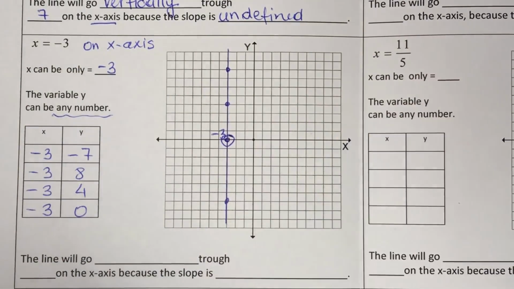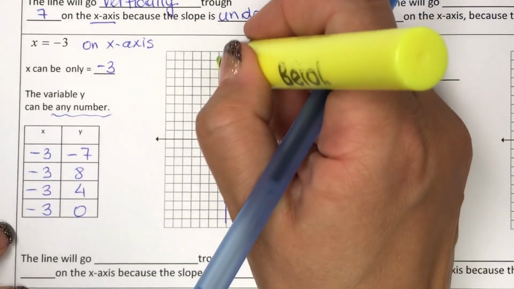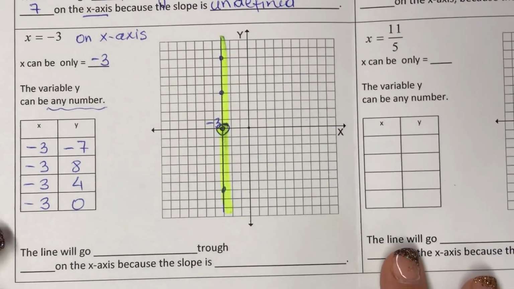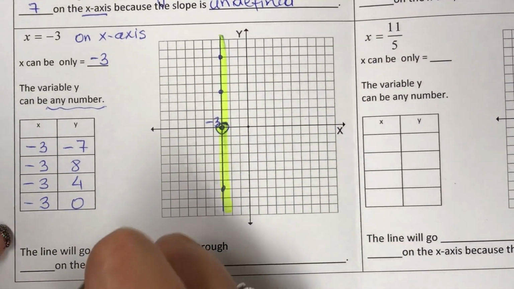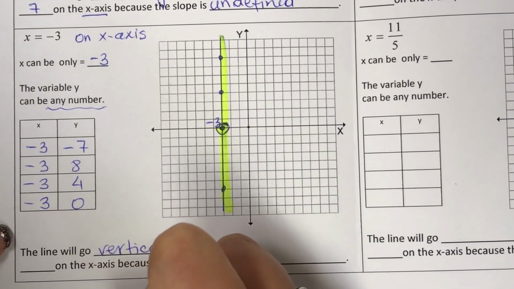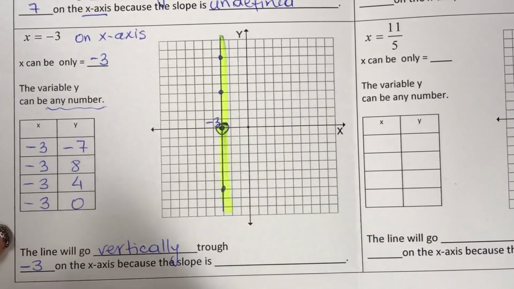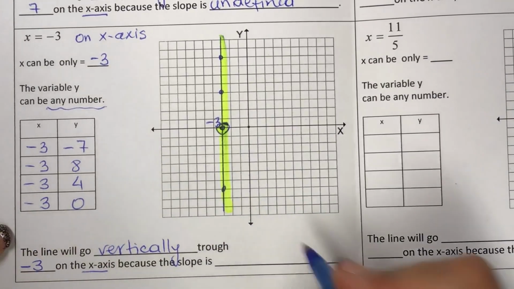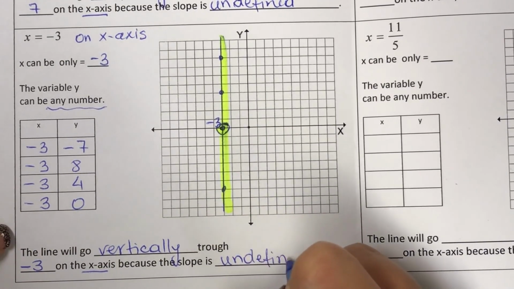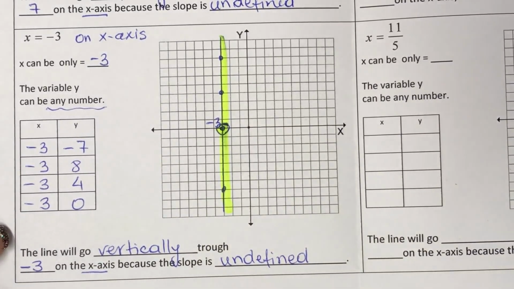That is my vertical line going through negative 3 with the undefined slope. So we say the line will go vertically through negative 3 on the x-axis because the slope is undefined. The slope is undefined for a vertical line.